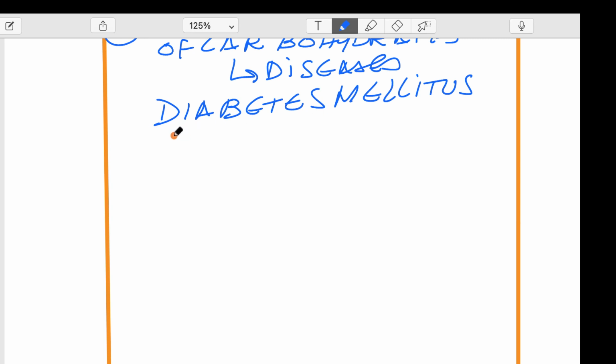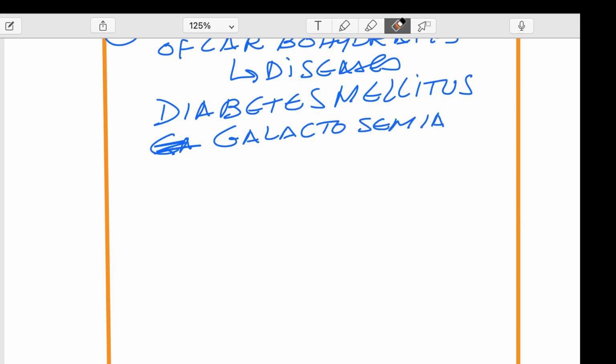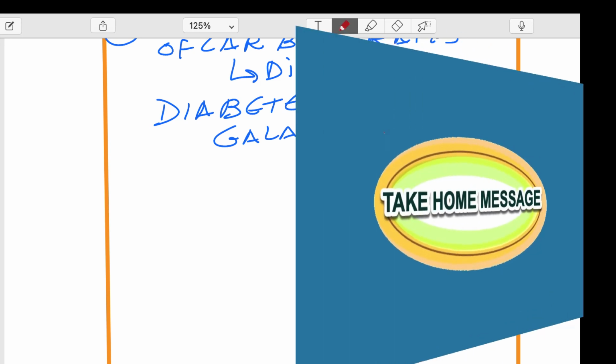Also, there is another disease, which we call galactosemia, and of course there are many other diseases. After studying this, let me summarize these aspects.